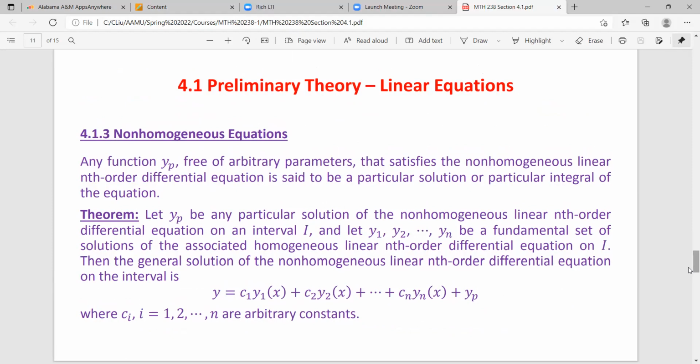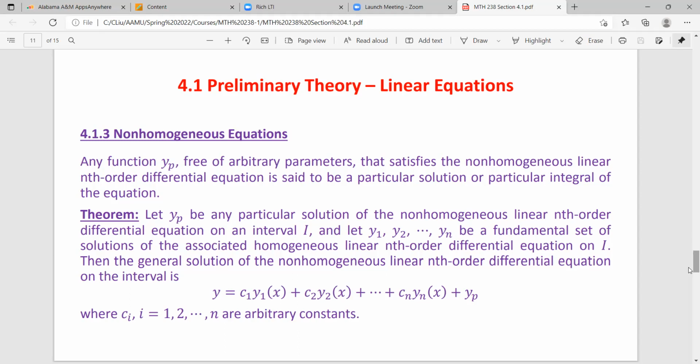It turns out that to solve a non-homogeneous nth order linear differential equation, we just need to find a particular solution for the equation, in addition to the general solution of the homogeneous equation. So we need to go just one more step from the homogeneous equations. All right. So what is a particular solution?